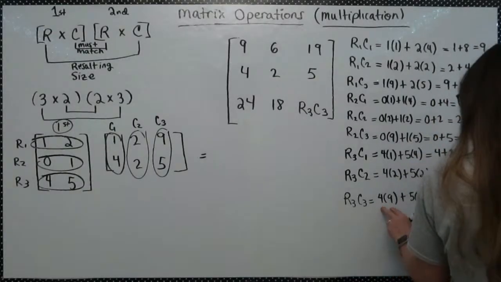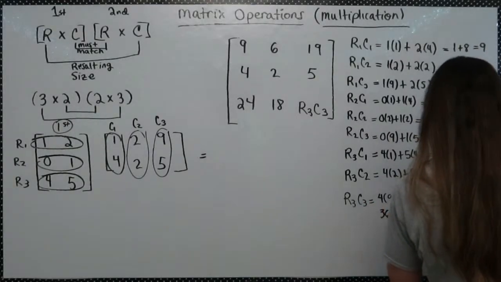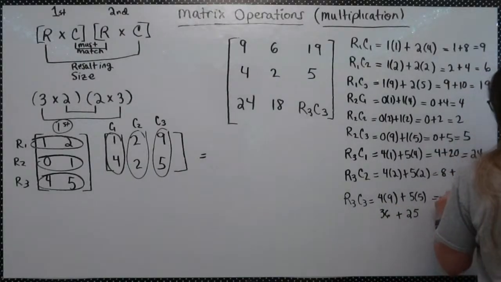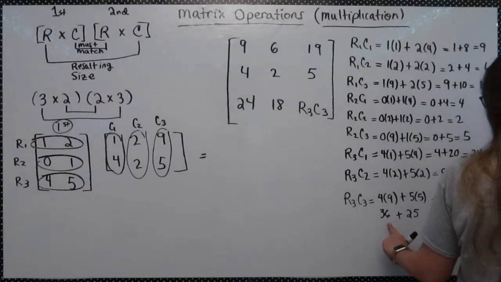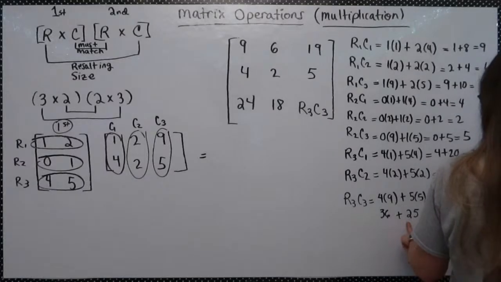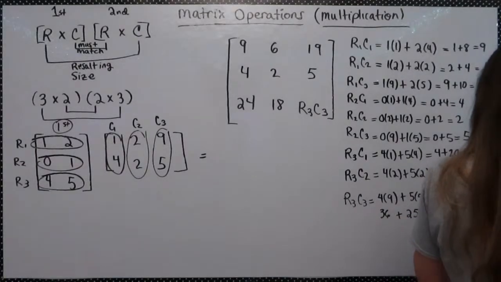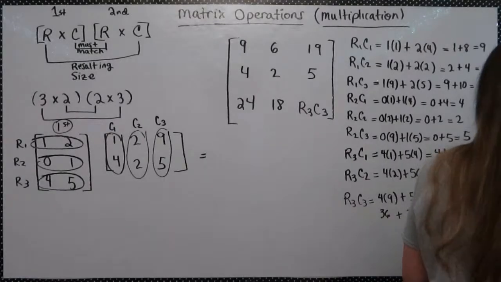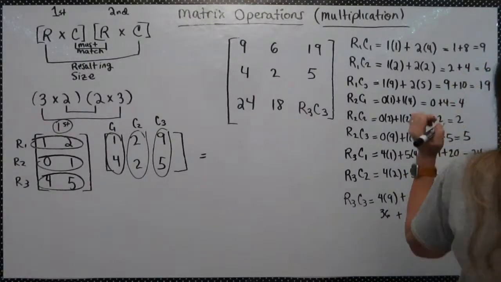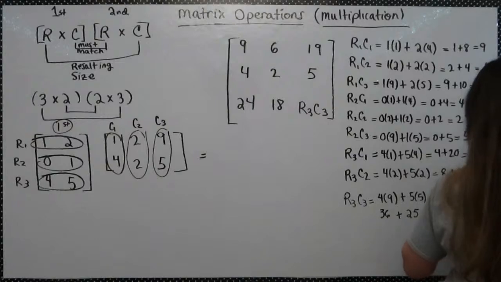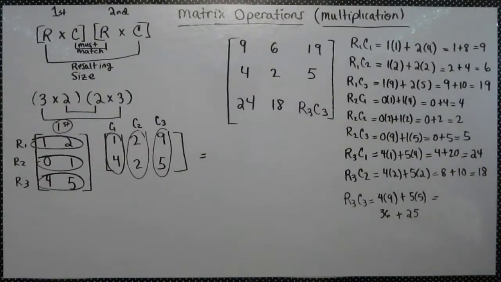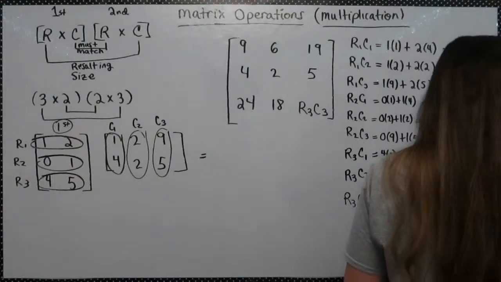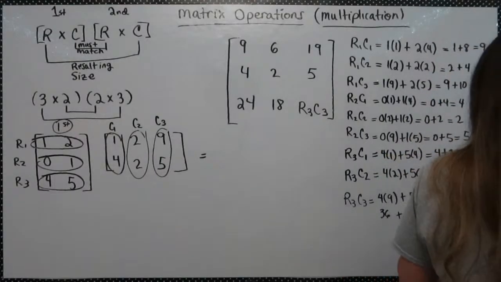So 9 times 4 is 36, and 5 times 5 is 25. 25 plus 36, 61.